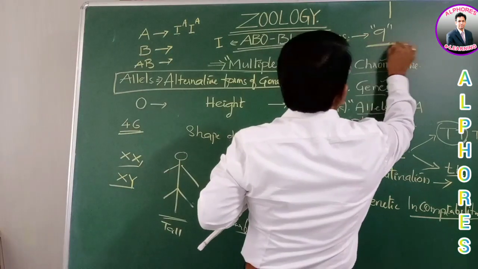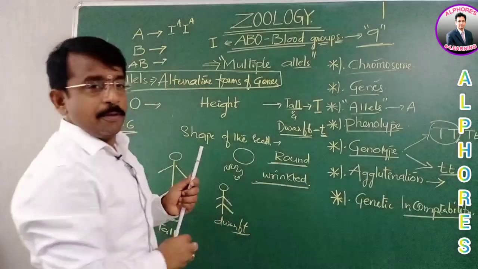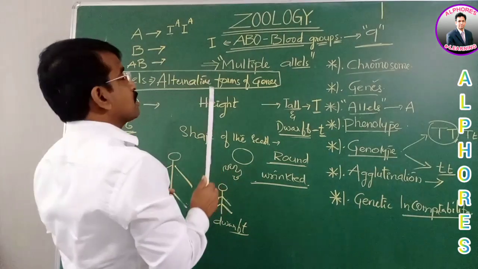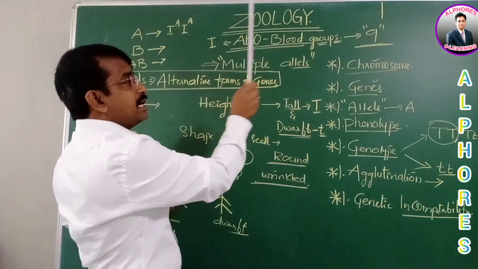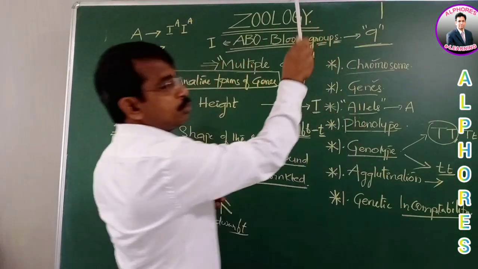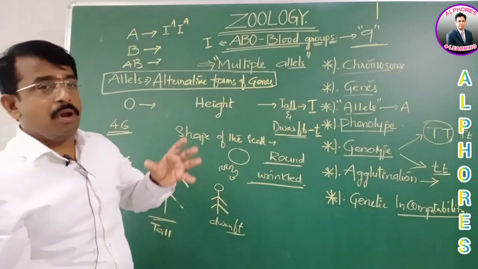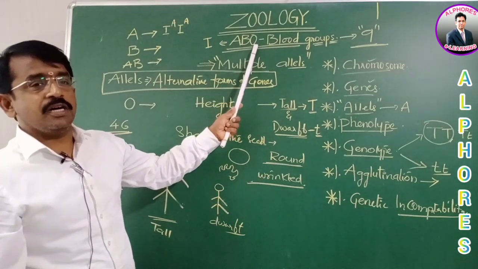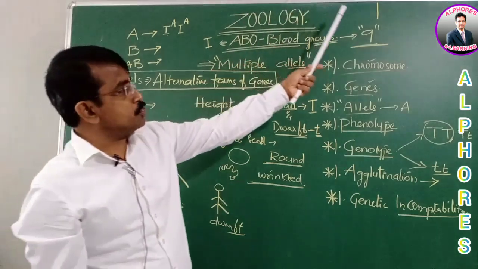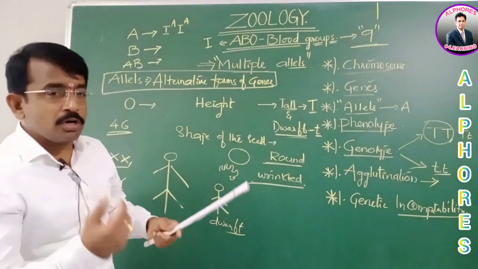So the blood group is a trait under the control of the gene referred to as I, which is present on the 9th chromosome. So the ABO blood grouping trait is under the control of the 9th chromosome.